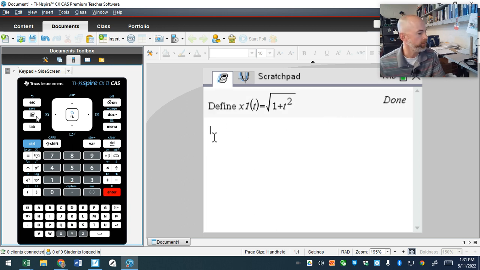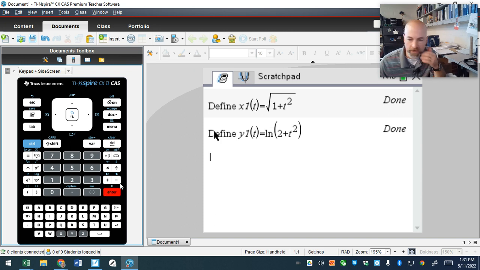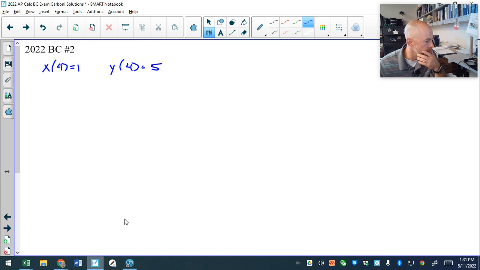And then I'm going to define y1, the derivative of my y coordinate, as the natural log of 2 plus t squared. So 1 plus t squared, 2 plus t squared, natural log, all that looks good. So those are defined in my calculator, and let's go on and start solving some problems.